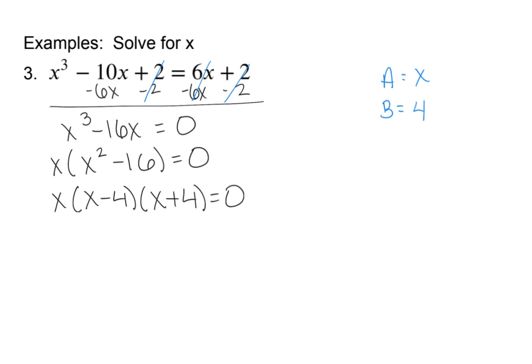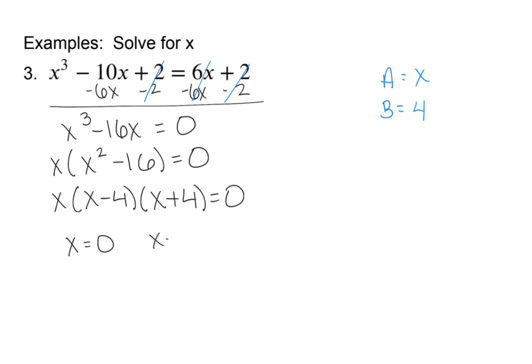Once we have it factored, we're going to set each of our factors equal to 0. Now, interesting thing. We saw a GCF earlier that was like a 2 and it didn't give us any answers. But if your GCF has a variable like ours does, it is going to give us an answer. So I'm going to set the first factor, which is x, equal to 0.